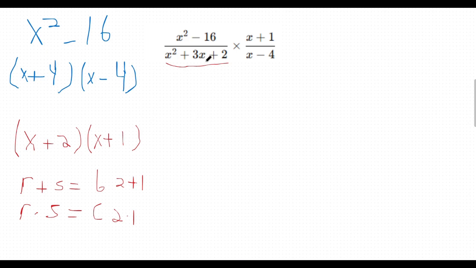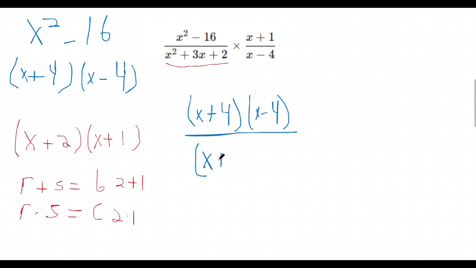Alright, so now we rewrite this expression as x plus 4 multiplied by x minus 4 over x plus 2 times x plus 1, and that is multiplied by x plus 1 over x minus 4.